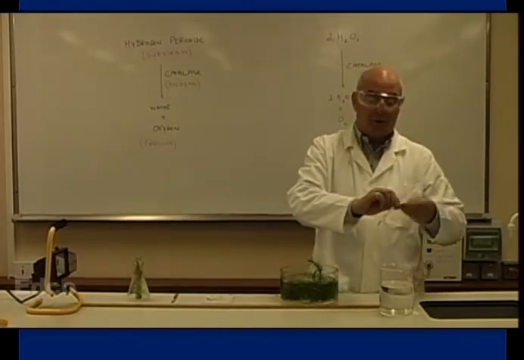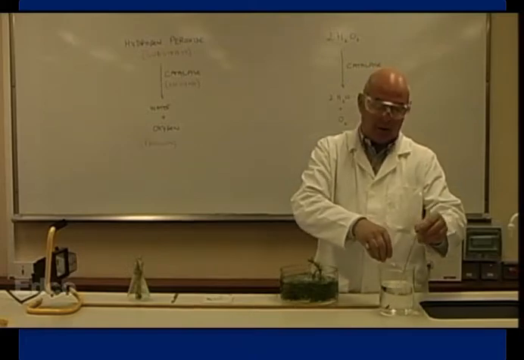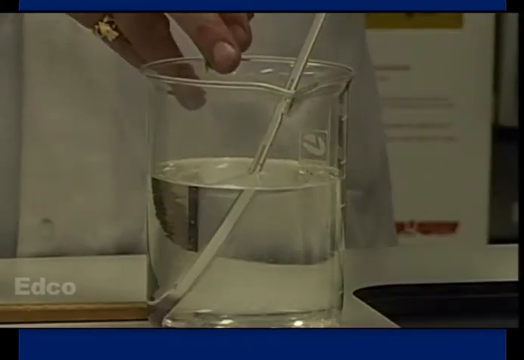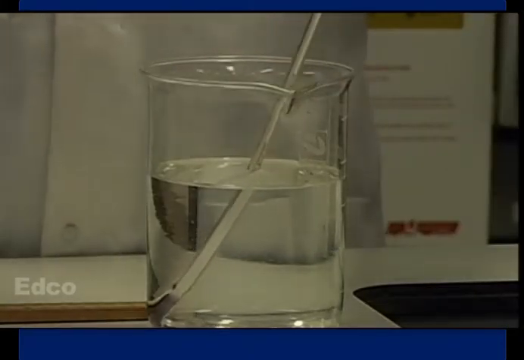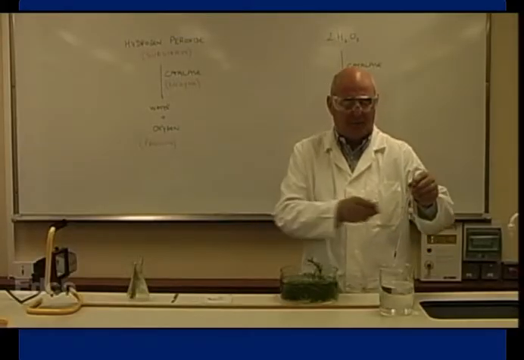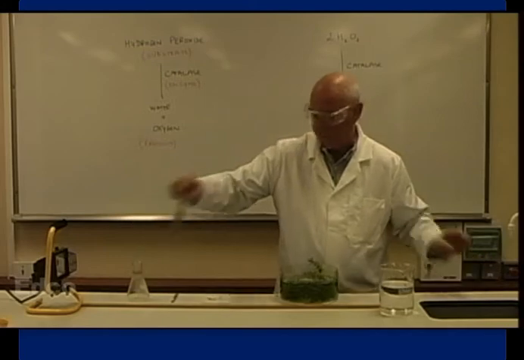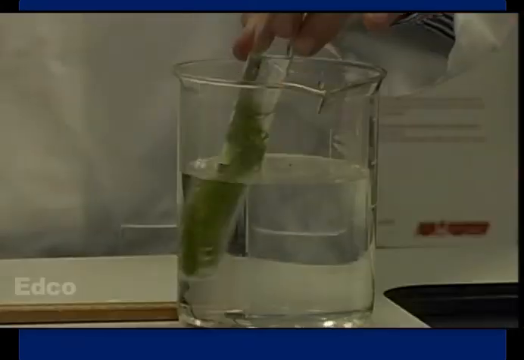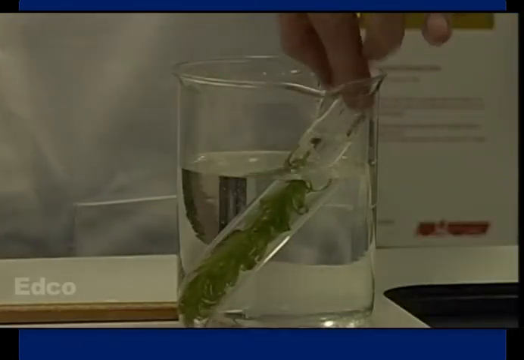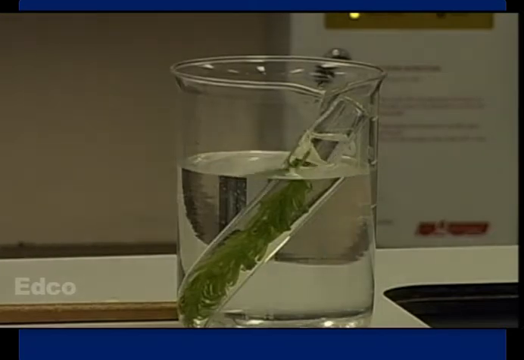And the ideal temperature for Elodea would be 25 degrees. So using a thermometer, we set up the water bath at 25 degrees centigrade. We then place the Elodea in the water bath and we switch on the light.